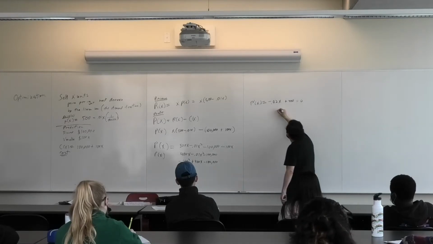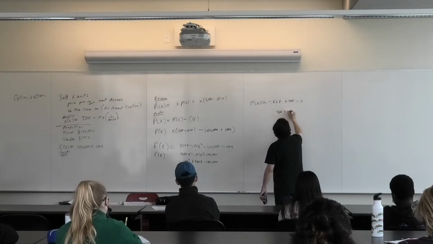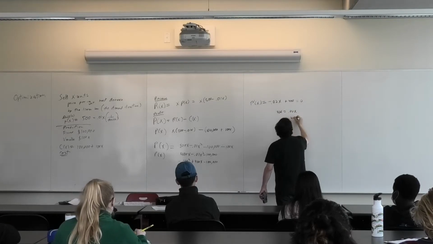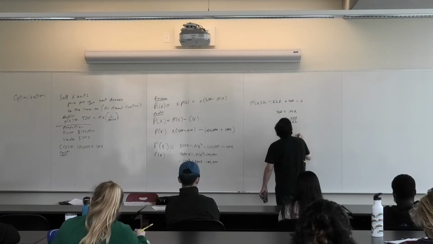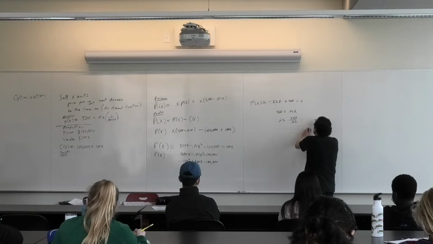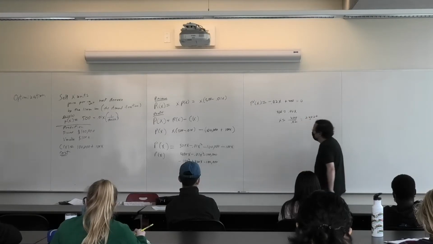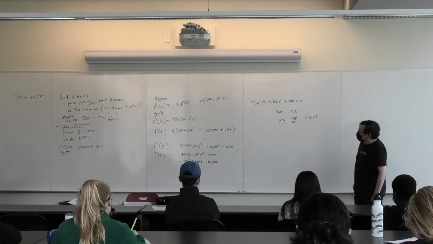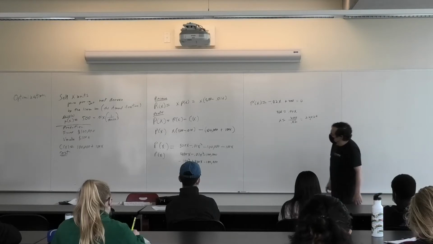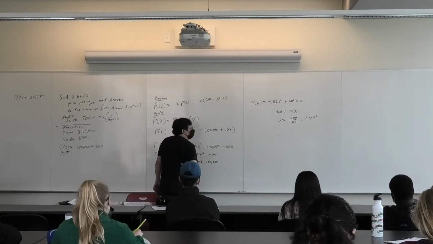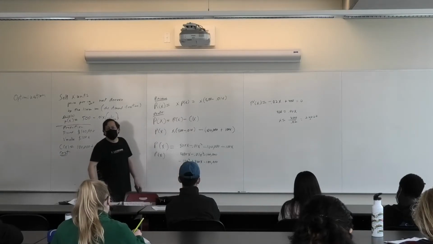So I end up with 400 equals 0.02x, or x equals 400 over 0.02. It's just going to be 20,000 units. Okay, and you can plug that back in here and find out how much my profit is.